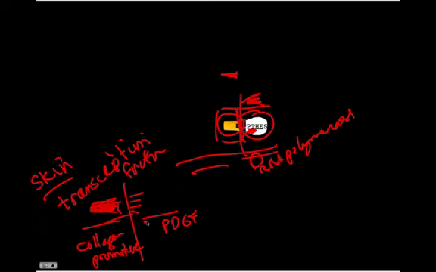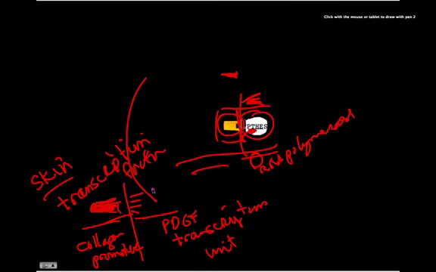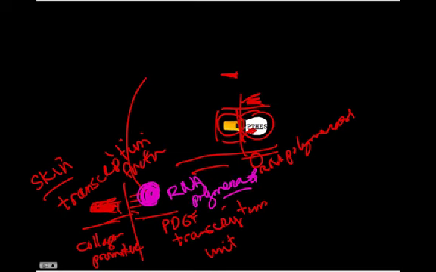And in the mutation, the PDGF transcription unit has been translocated and placed near the collagen promoter, and as a result, the PDGF gene gets activated, and RNA polymerase arrives and transcribes whatever gene is illuminated. And we will stop there and talk about this a lot in class.